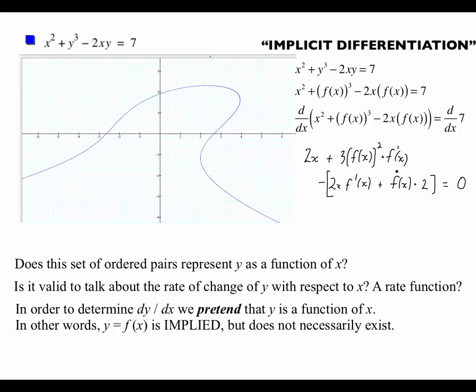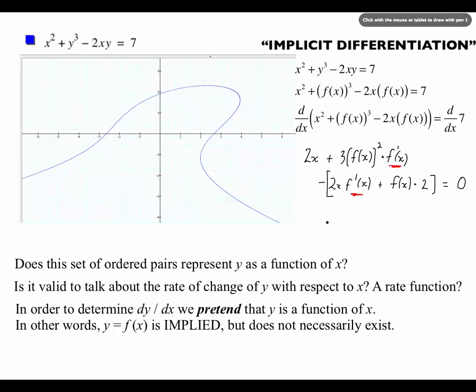So what we need to do is get this by itself on the left-hand side of the equation, and everything else over to the right-hand side, so that we can eventually factor out that and get that by itself. So we have 4 terms. The 2 terms that have the f prime of x, the dy dx, we're going to leave on the left. Every other term that doesn't have it, we're going to move over to the right-hand side of the equation.